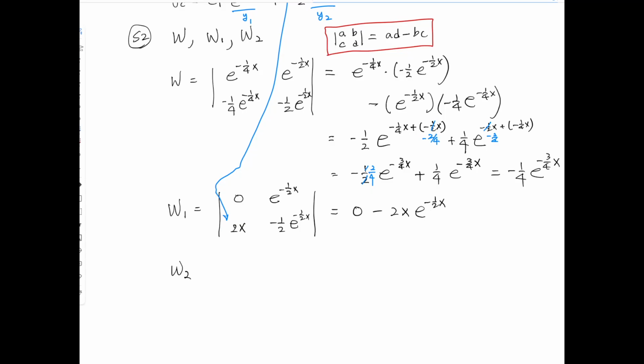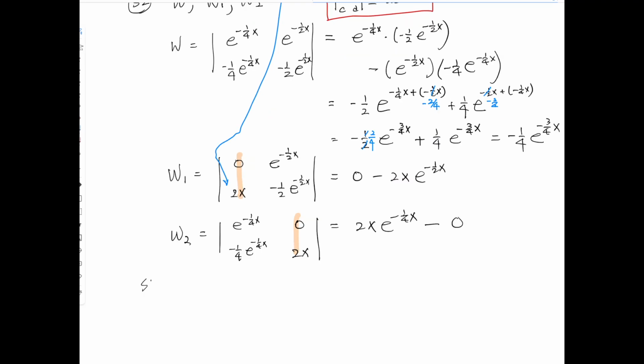And then W2, the first column is from the W, e to the negative 1 over 4 x, negative 1 over 4 e to the negative 1 over 4 x. And the second column, we bring this one here, AD is 2x e to the negative 1 over 4 x, minus BC, which is 0.